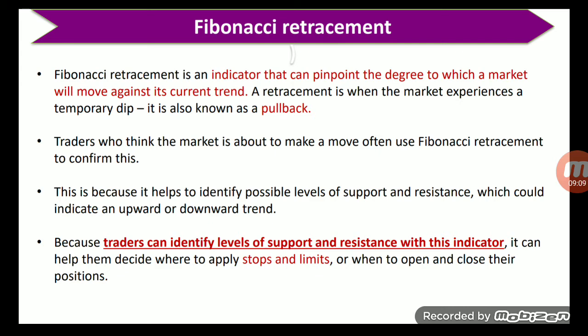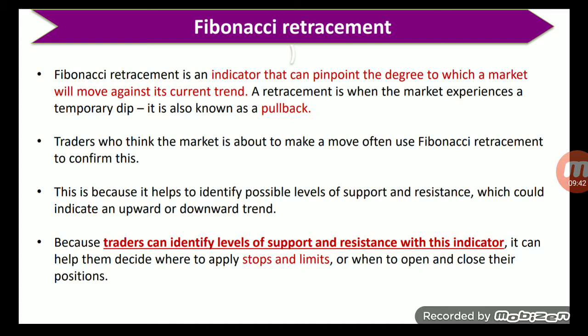So Fibonacci retracements help you to identify possible levels of support and resistance, which could indicate an upward or downward trend. Because traders can identify levels of support and resistance with this indicator, it can help them decide where to apply stops and limits, or when to open and close their positions, where to sell and where to buy particular shares.